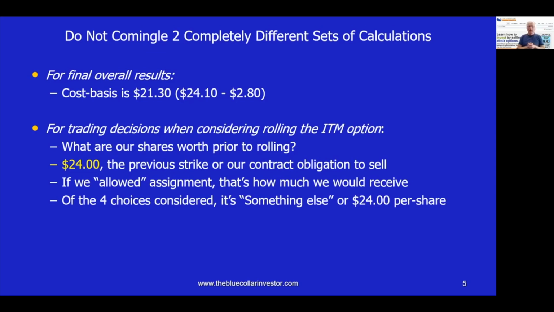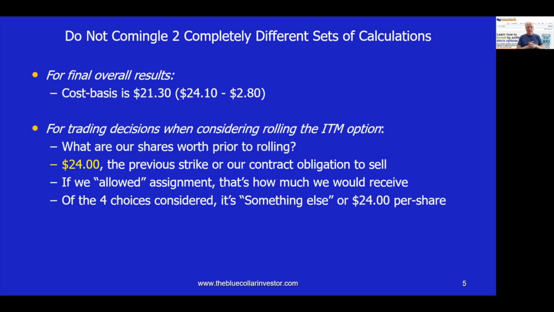Now, what about for trading decisions when we're considering rolling that in the money option? If the strike is lower than current market value, what we say to ourselves, folks, is: what are our shares worth prior to rolling? Well, if we had the 24 in the money strike on the table, our contract obligation is to sell at $24.